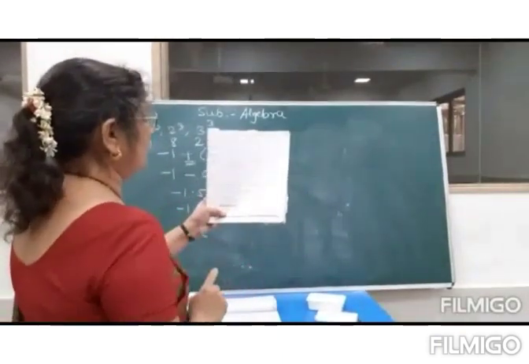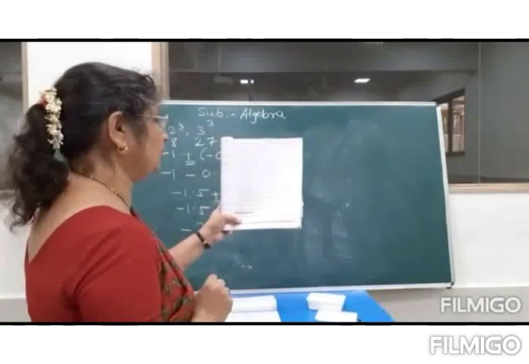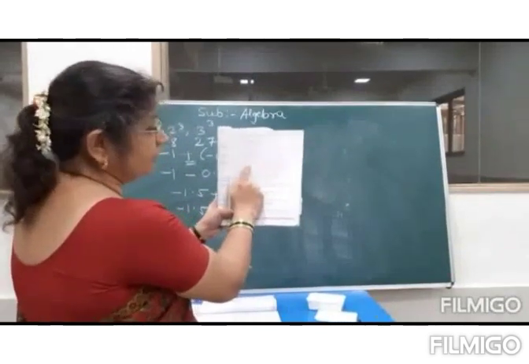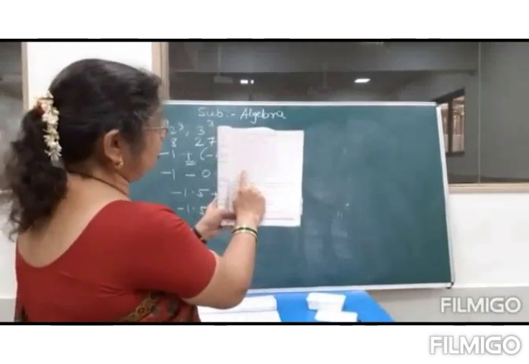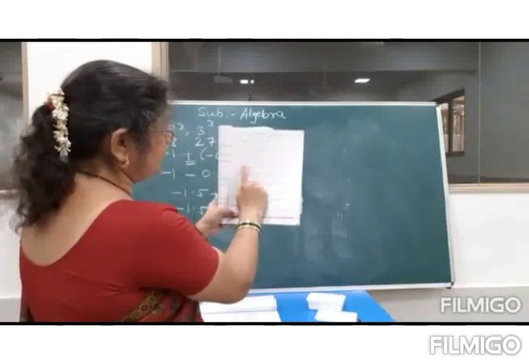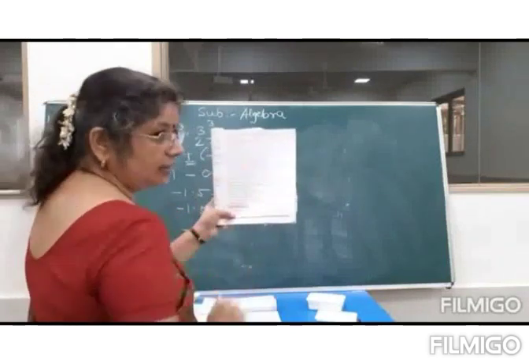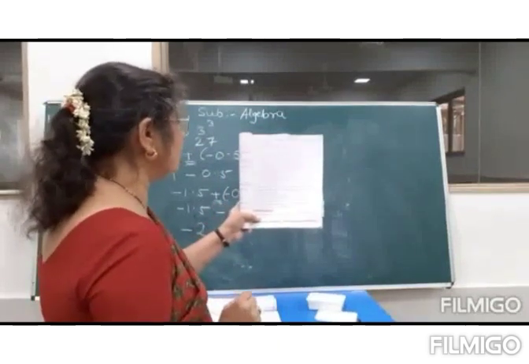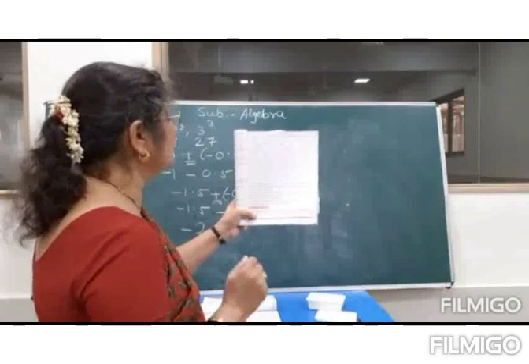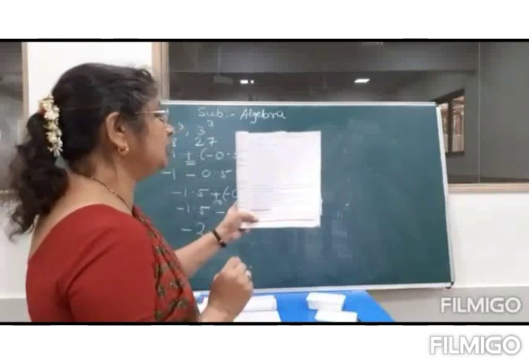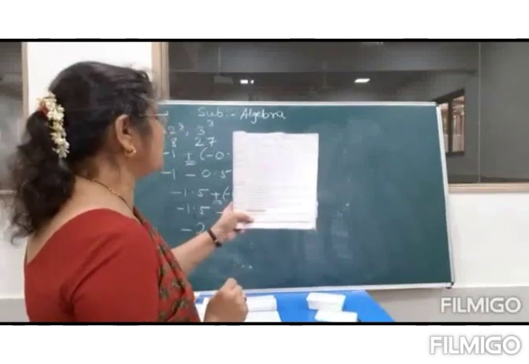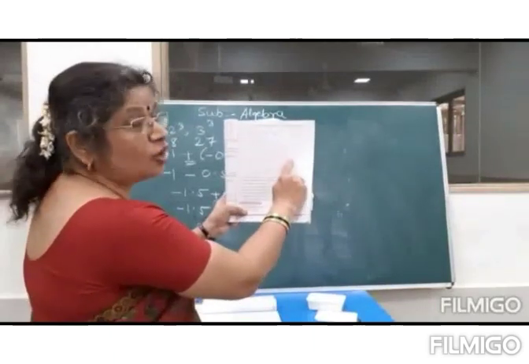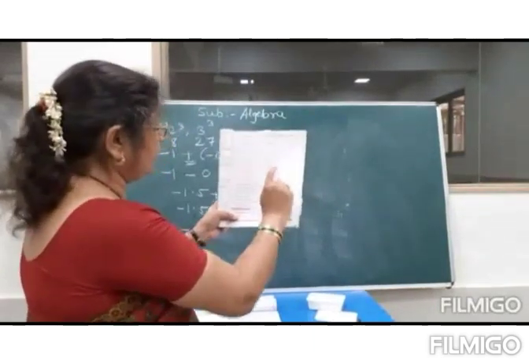Sequence number 4 is not an arithmetic progression because the second term is obtained by multiplying 4 into 4, the third term by 16 into 4. So in this sequence, the next term is obtained by multiplying the previous term by a particular number. So this type of sequence is called a geometric progression.